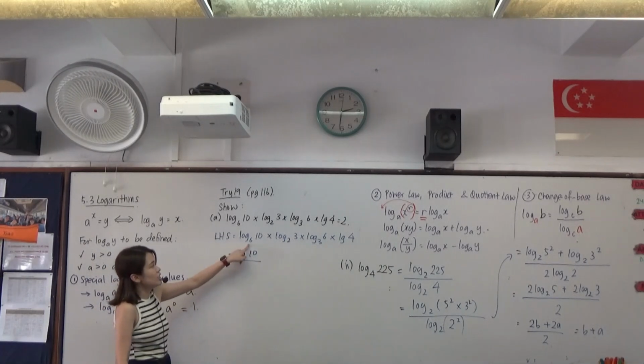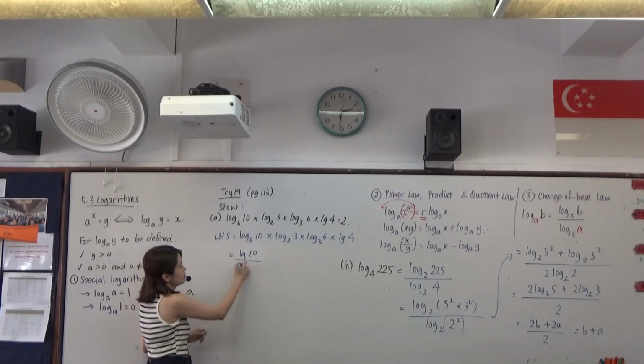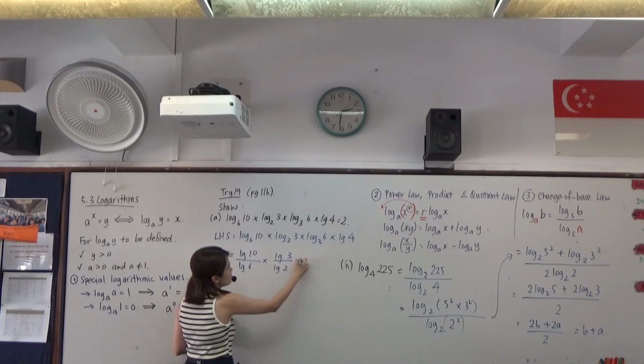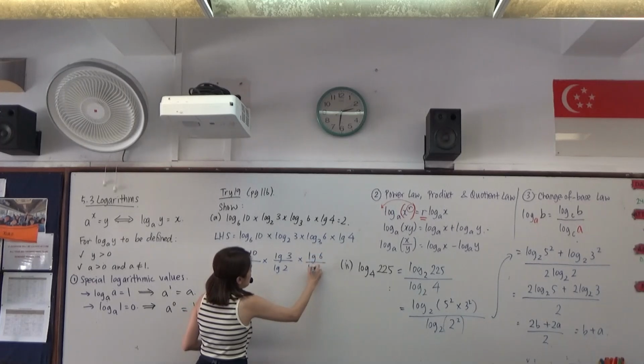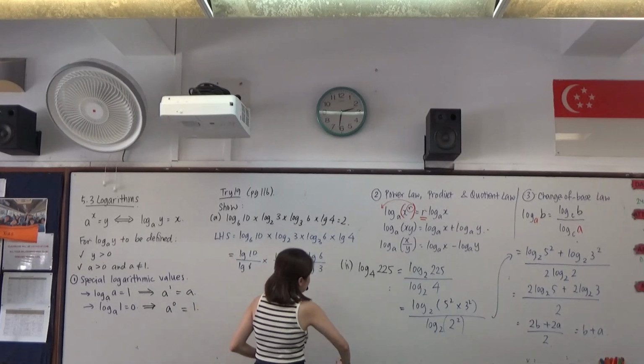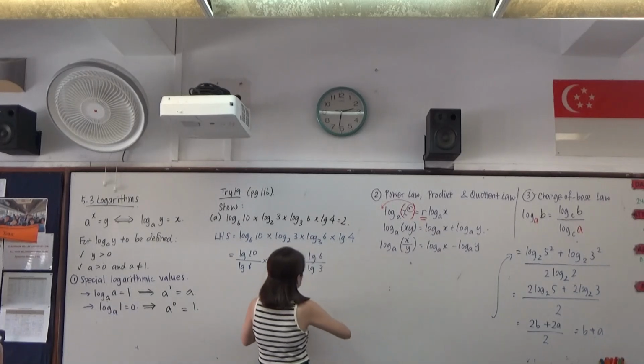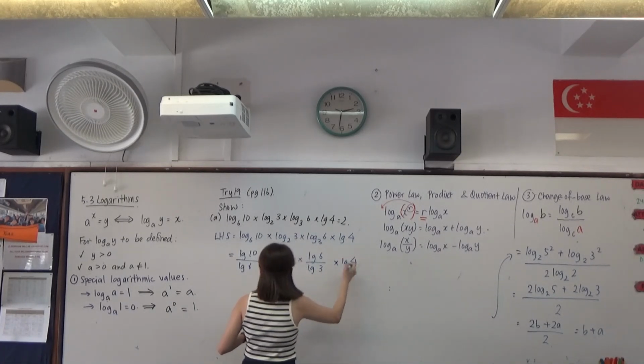Changing to base 10, you get log 10 divided by log 6, log 3 divided by log 2, log 6 divided by log 3, and then this here is just log 4.